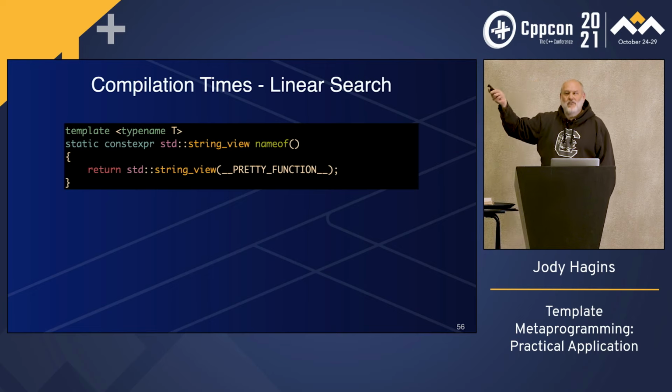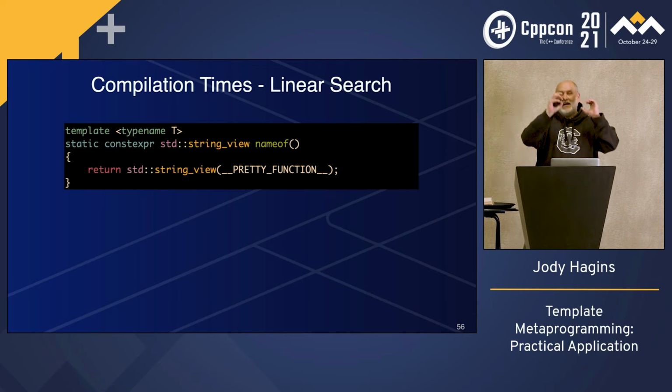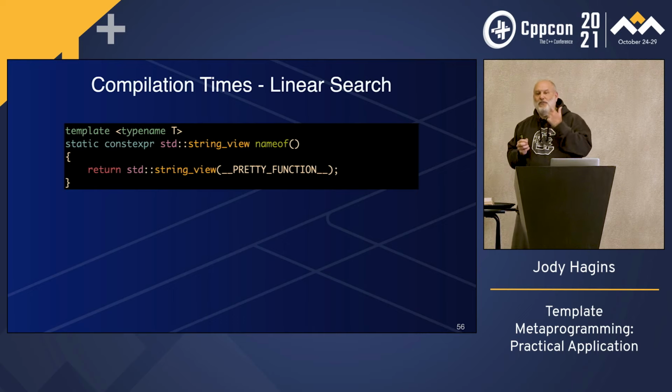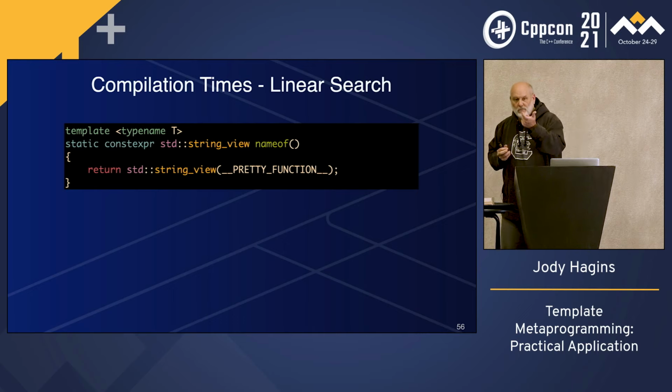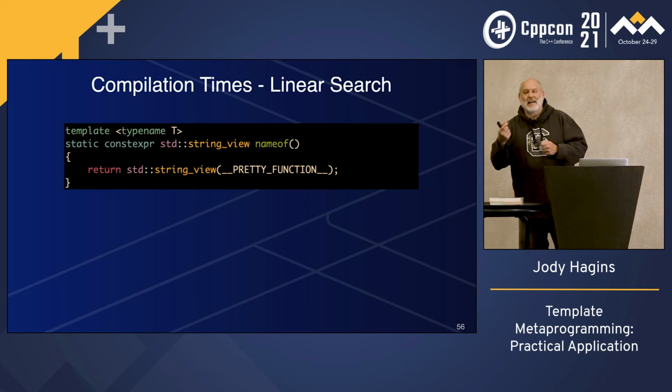If you have a class that uses non-type template parameters with auto, and you have template auto something, struct foo, and you instantiate foo with 42, that's an int, 42. And if you instantiate foo with 42u, that's an unsigned int, 42.